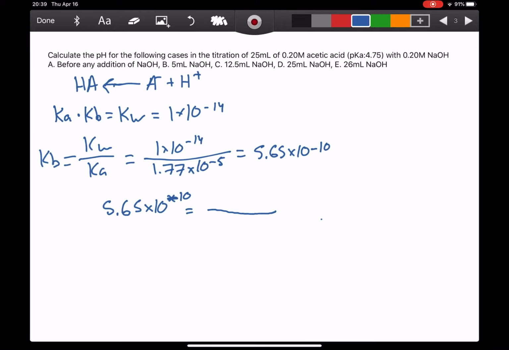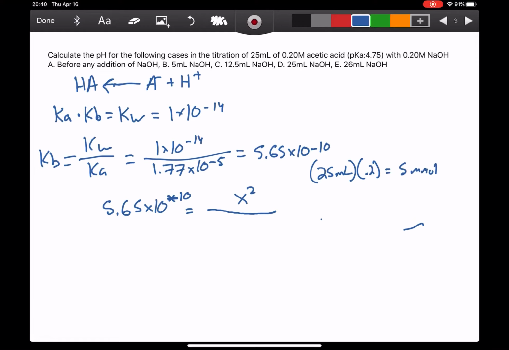Now we're going to have, again, x squared on the top, and on the bottom now we need to find what our new concentration is. So we know that we have 5 millimoles of acetate now, and we can find that out by taking 25 milliliters and multiplying that by the 0.2 molar, and that ended up being 5 millimoles of NaOH.